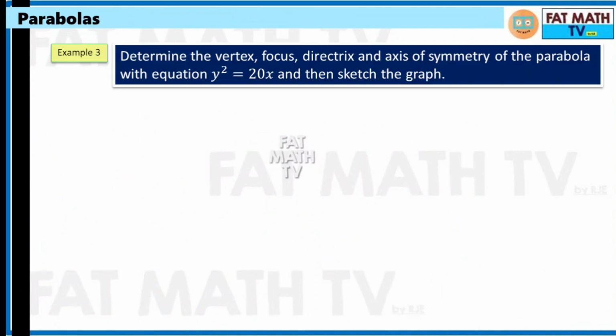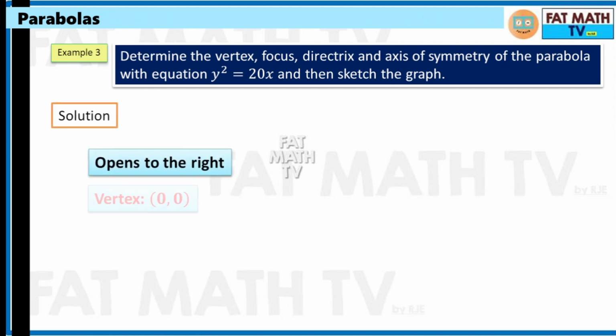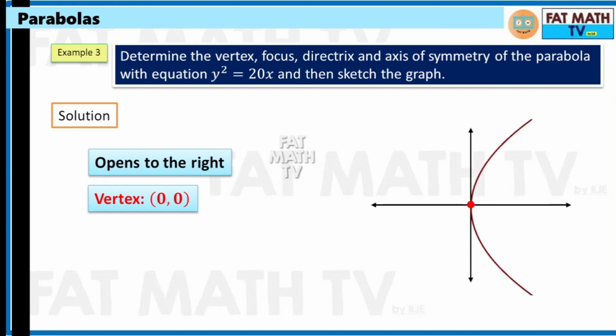Example number 3. We have y squared equals 20x. So y is being squared and the right side is positive, so the parabola opens to the right. And the vertex is still at 0, 0, so we have this parabola. And then to solve for c, supposedly the equation is y squared equals 4cx, but instead of 4c, we see 20 there.